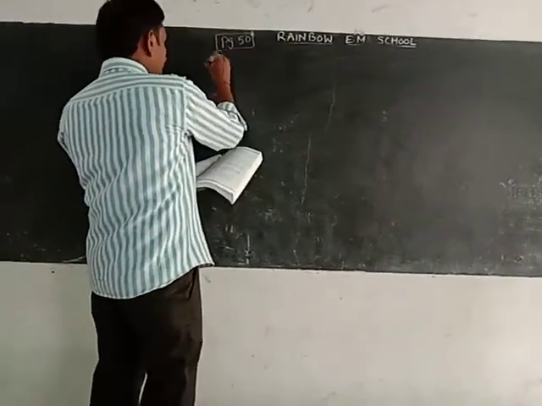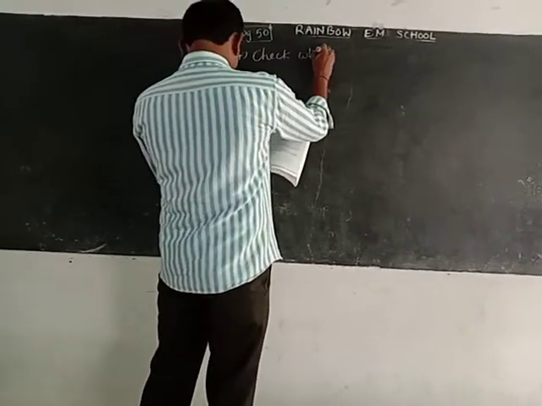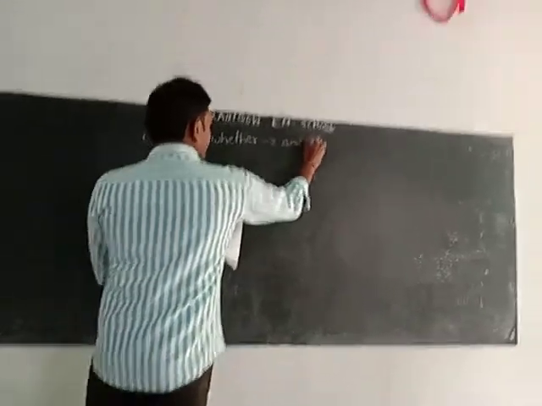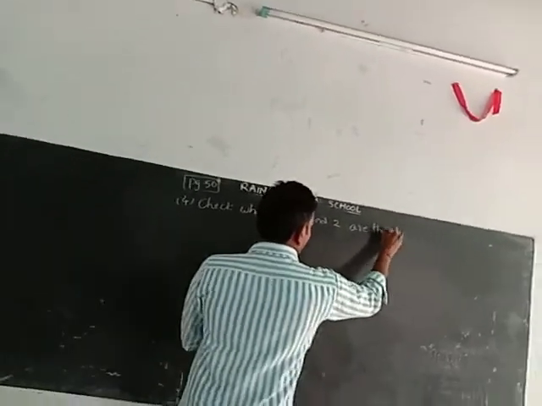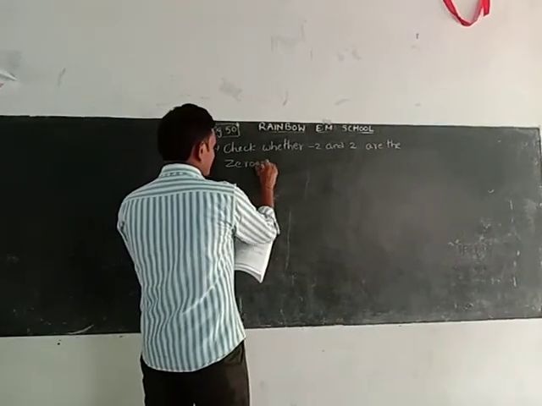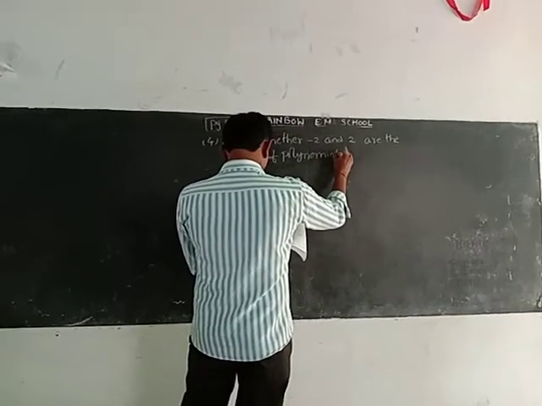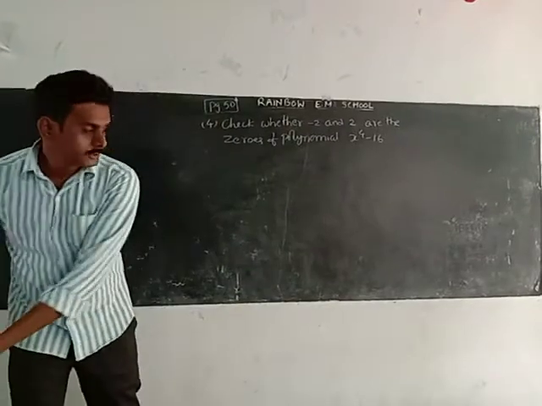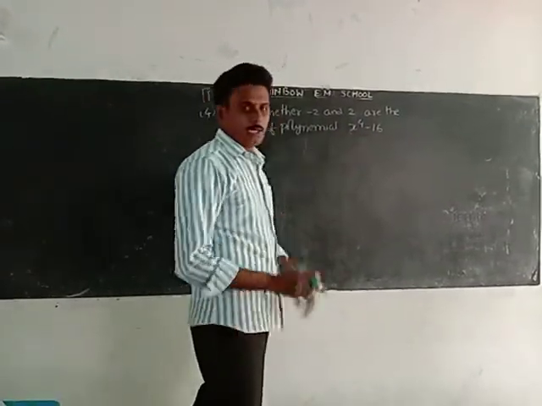Fourth Roman. Check whether minus 2 and plus 2 are the zeros of the polynomial x power 4 minus 16.